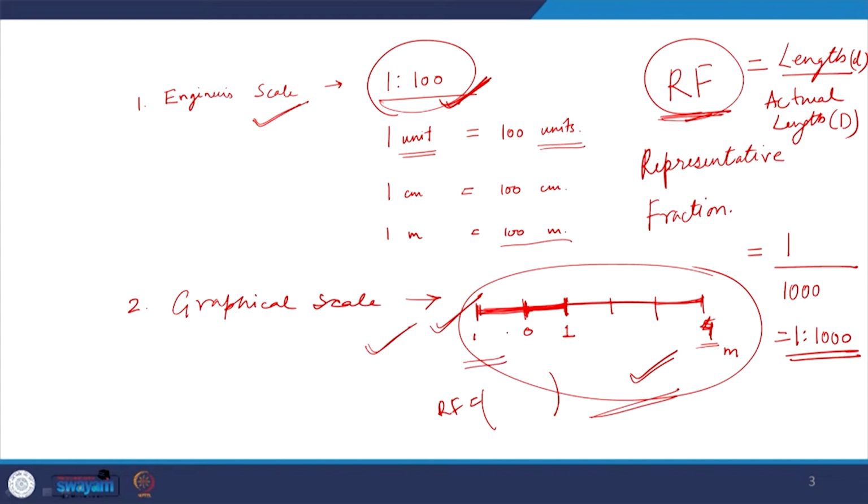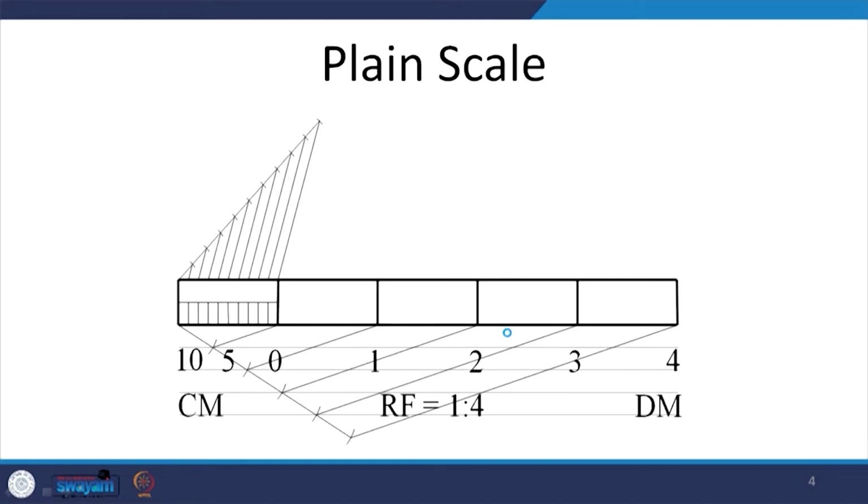Now, what we are going to learn about is how to draw the graphical scales. There are various different types of graphical scales which are used. We are going to learn about two scales here. I am showing it to you here on screen, and after that we would quickly look at how to draw them. So, this is a plain scale.